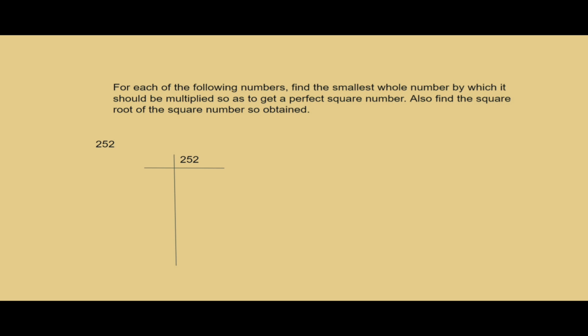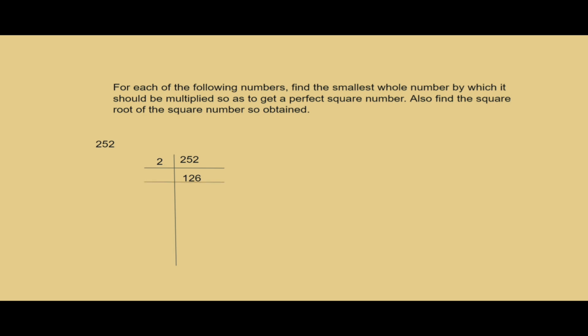Here we will find the smallest number with which 252 is divisible. As we can see, it is divisible by 2. Dividing 252 by 2, we get 126.